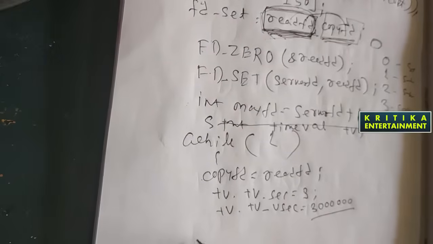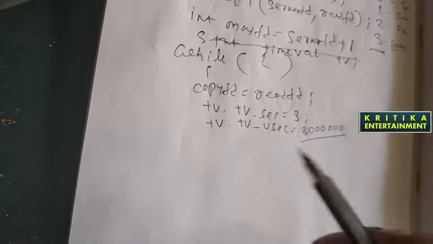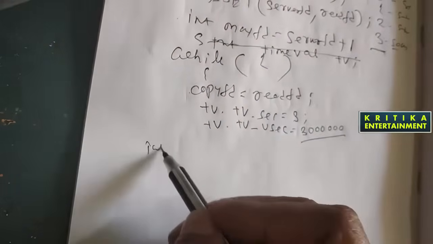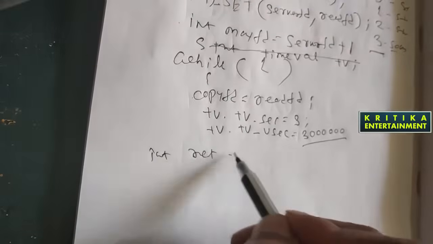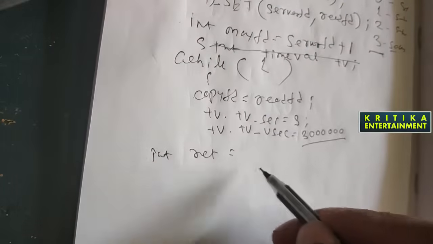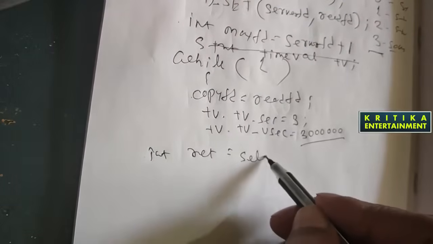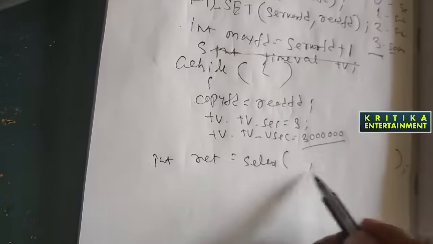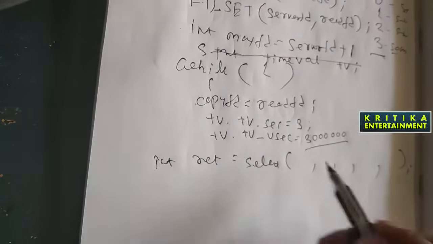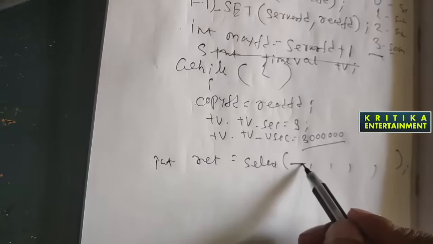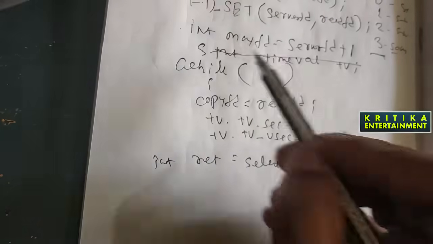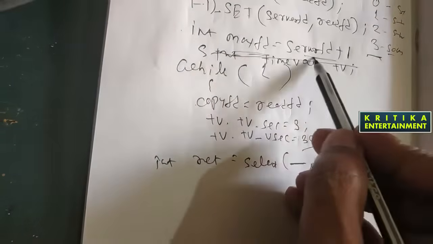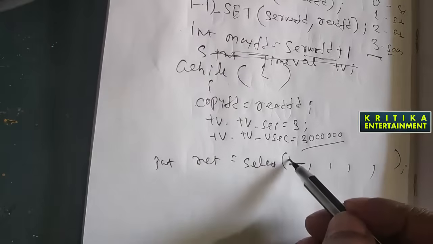Then here I write int ret, the return value, equal to select. I told you how many arguments I am going to pass: 5. In those 5, the first argument is the maximum fd, which I told you is server fd plus 1.